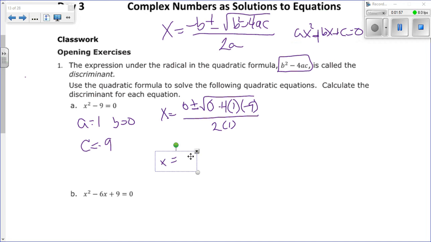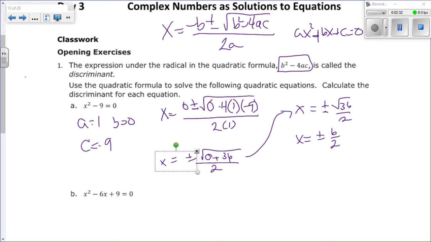So x equals plus or minus the square root of 0 plus 36 all over 2. So x is equal to plus or minus the square root of 36 divided by 2. So x is equal to plus or minus the square root of 36 is 6 divided by 2. So x is equal to plus or minus 3.